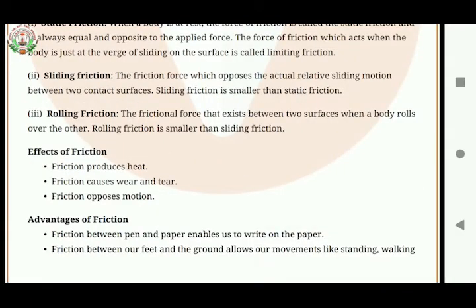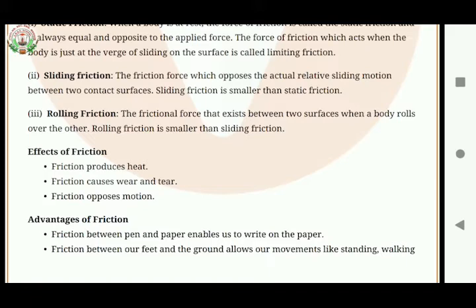Second one is sliding friction. What is sliding friction? The friction force which opposes the actual relative sliding motion between two contact surfaces, and it is smaller than static friction.